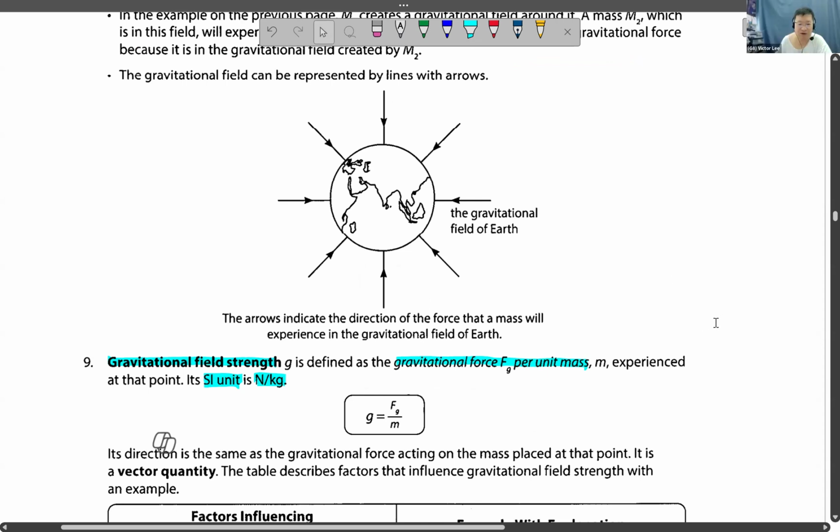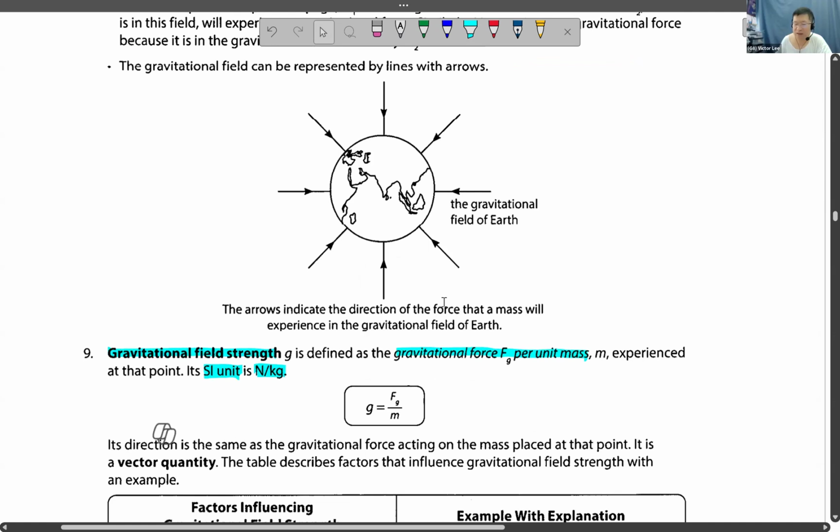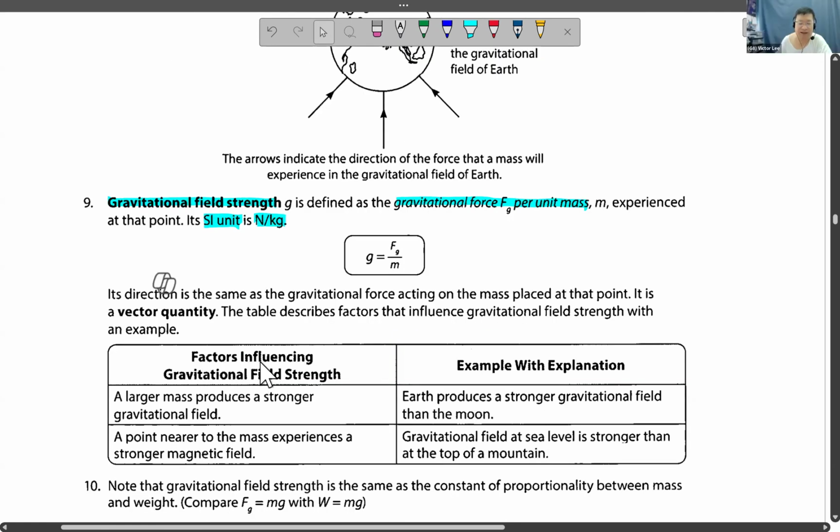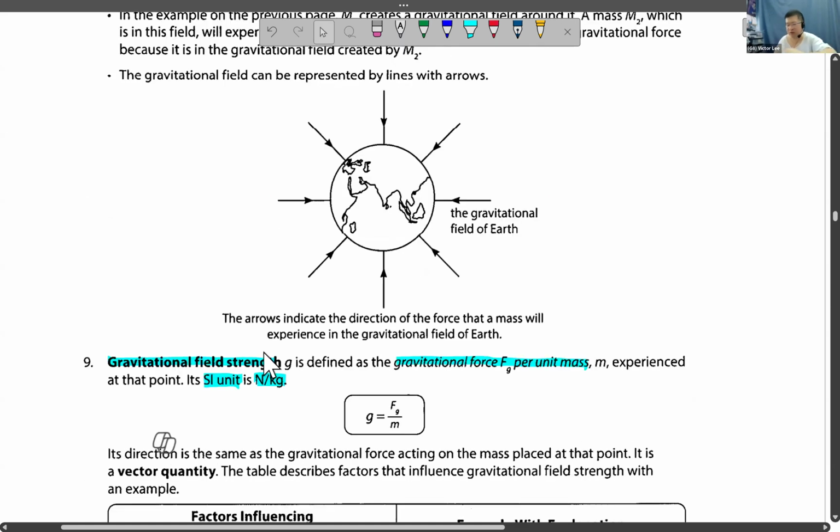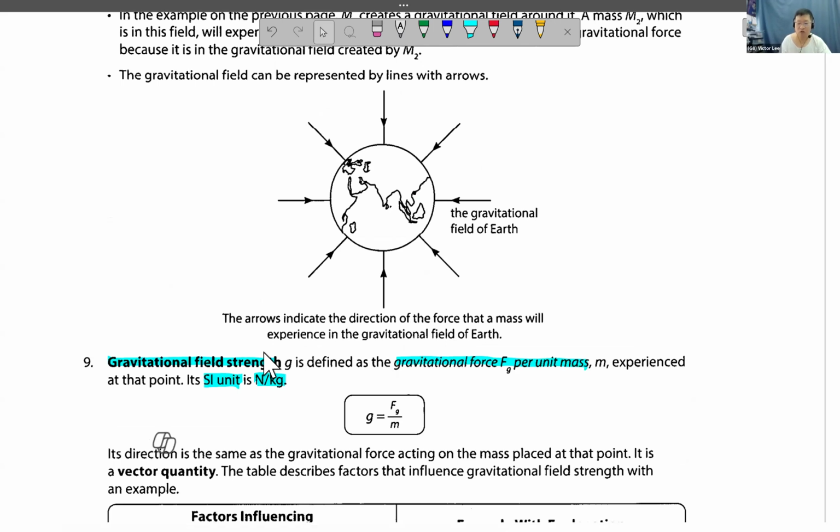Okay. For example, Earth. Earth gravitational field strength is about 10. But the moon is only 1/6 of the Earth. Let me try, 10 divided by 6 is what? Oh, it's 1.66. So for Earth, it is 10 Newton per every kg.